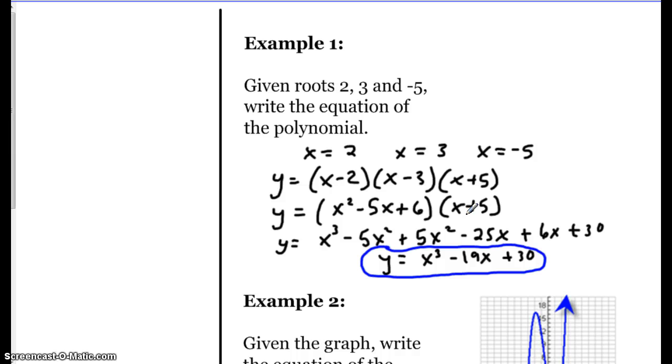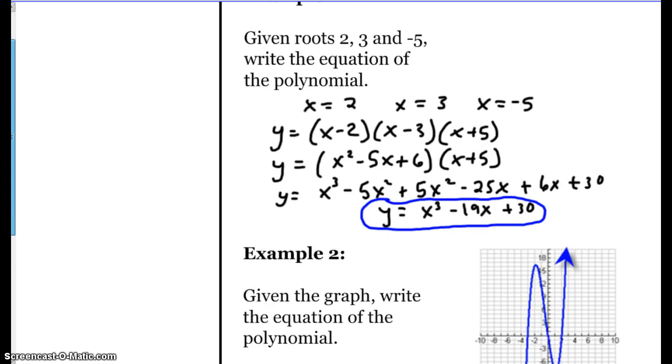And you can use the distributive property like I showed here, or you can use your box method of a 3 by 2. And then again, when you finish, you can use the calculator to check. Put this in the calculator and this in the calculator, and make sure that you're getting that the roots are 2, 3, and -5, and that these two are the same to check your algebra.